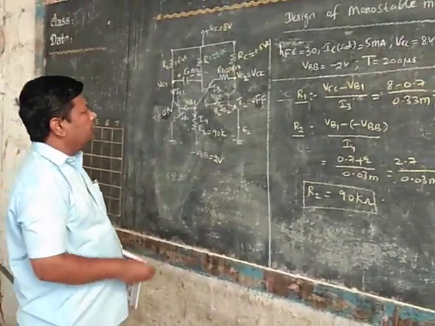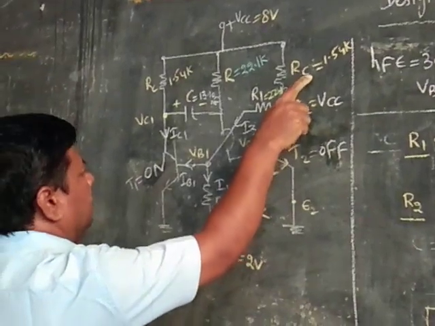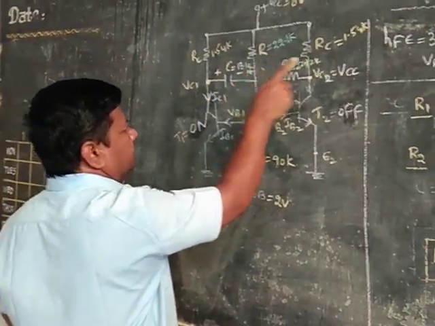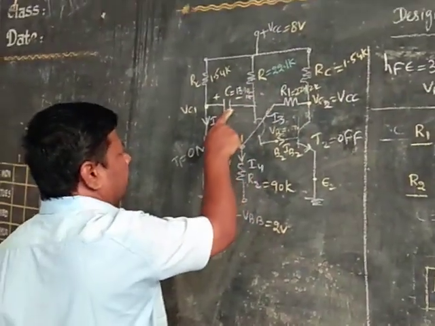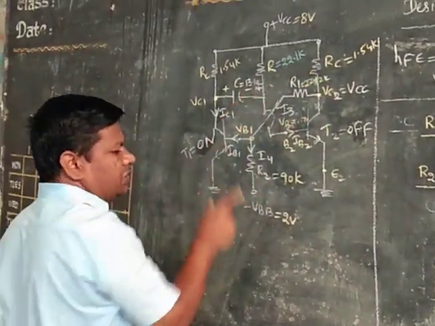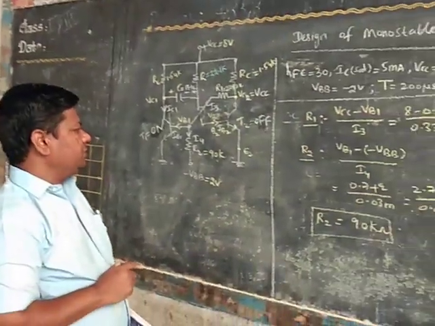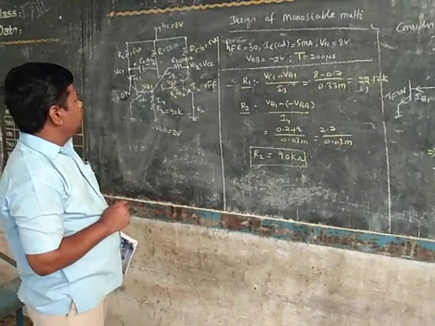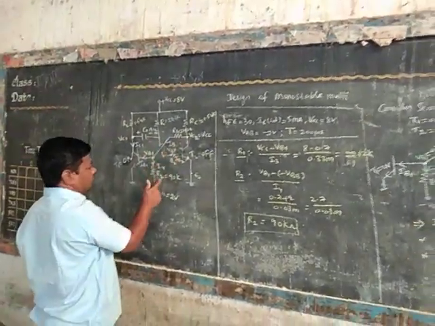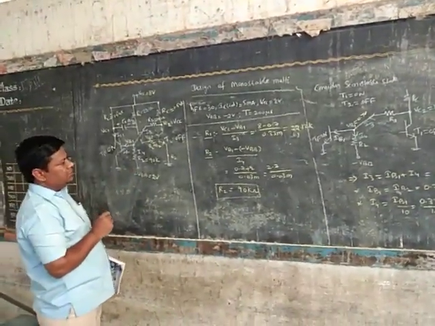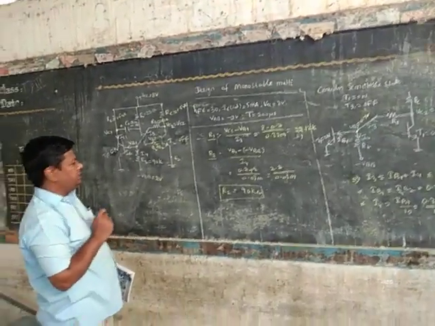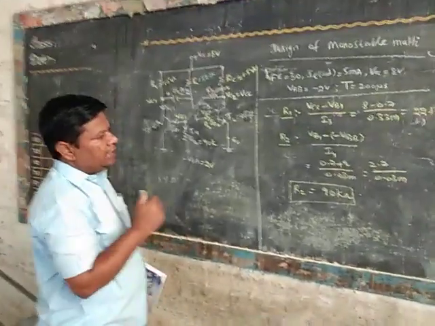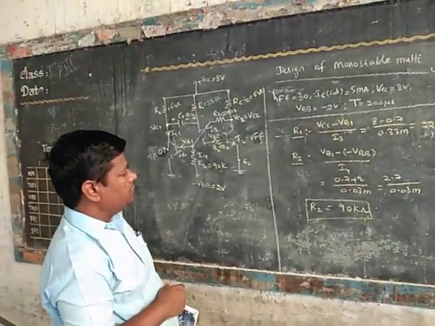To find resistor RC, resistor R and capacitor C, assume the circuit is in stable state, that is T2 on, T1 off. To find R1 and R2, consider the circuit is in semi-stable state.